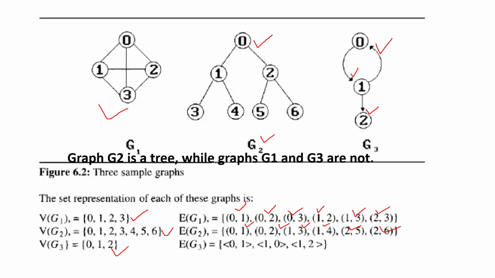In the last example, graph G3, the vertices are 0, 1, 2 and the edges are 0 to 1, 1 to 0 because there is an arrow towards 0 and an arrow towards 1, and the other one is 1 to 2. In case of an undirected graph, you can write this 0 1 in 1 0 form also because there is no direction.